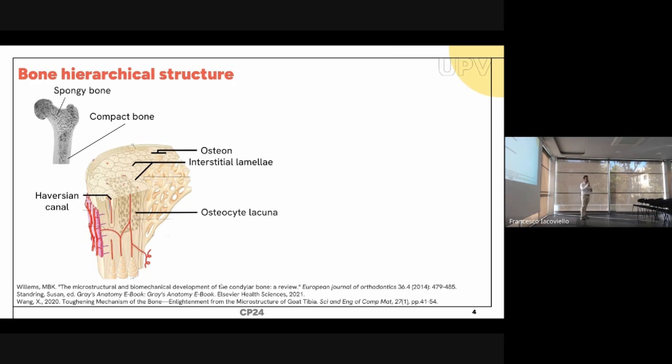Inside the Haversian canals, we can usually find blood vessels or nerves. The Haversian canal, together with the lamella of collagen, form what we call an osteon, and that's the basic structural unit of cortical bone. Apart from osteons, we also can find the interstitial lamella or interstitial tissue, which fills the gaps between all the osteons in the microstructure.